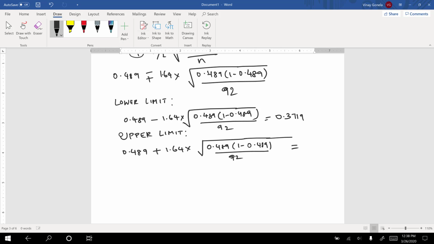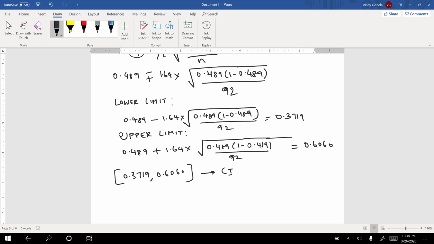So that is going to give me 0.6060. So the interval would be 0.3719 and 0.6060. So this is our confidence interval.